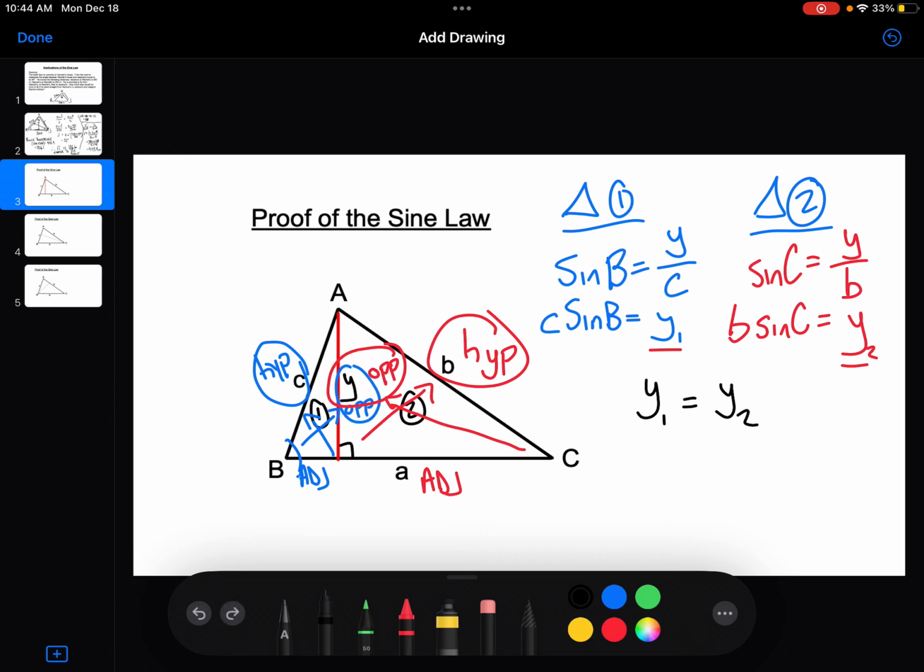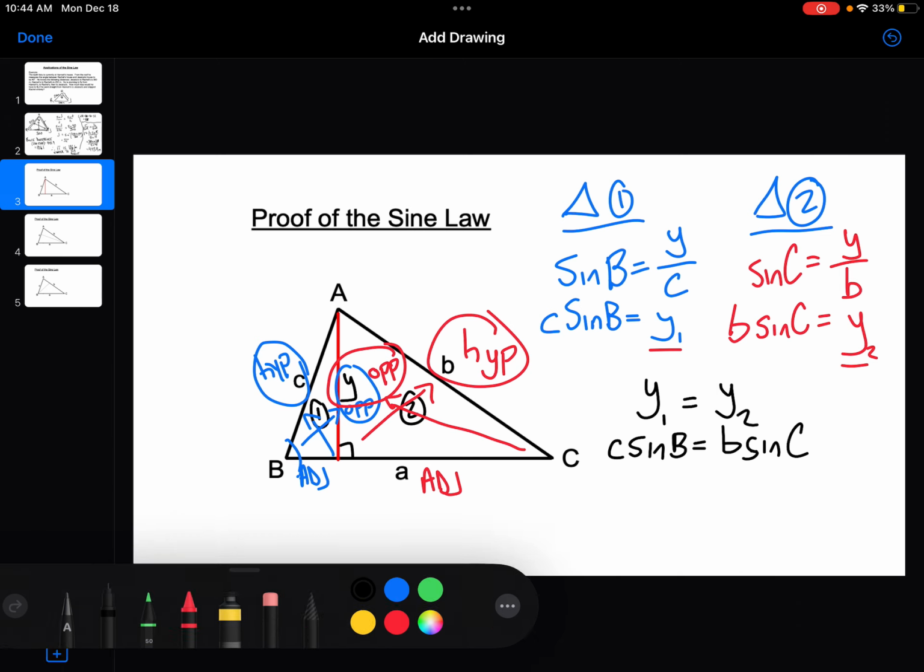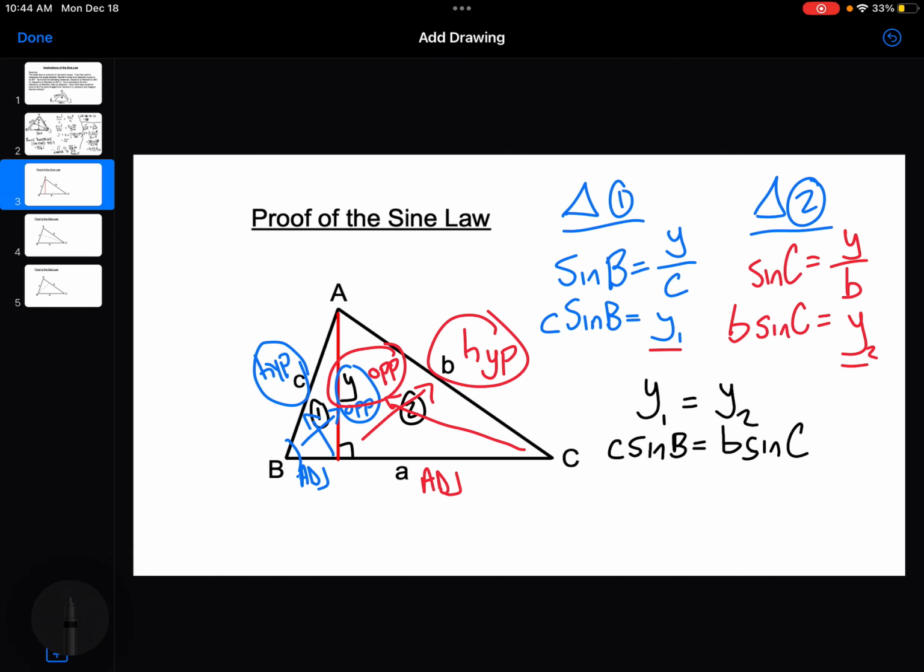So then from triangle 1, I would have C sine B equals, from triangle 2, B sine C. Now all I'm going to do is rearrange this. I'm going to take this B and divide it over. So I would have C sine B divided by B equals sine C.